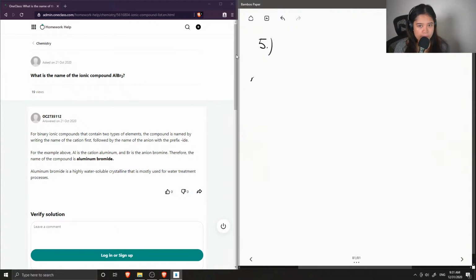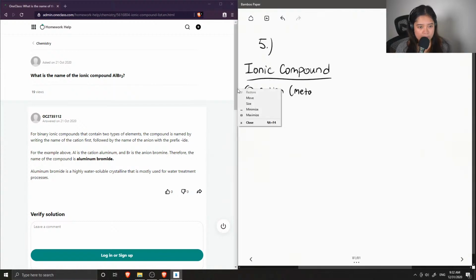Okay, so when we name ionic compounds, we first want to name the cation, which is our metal. And then we want to name our anion, which is our nonmetal.